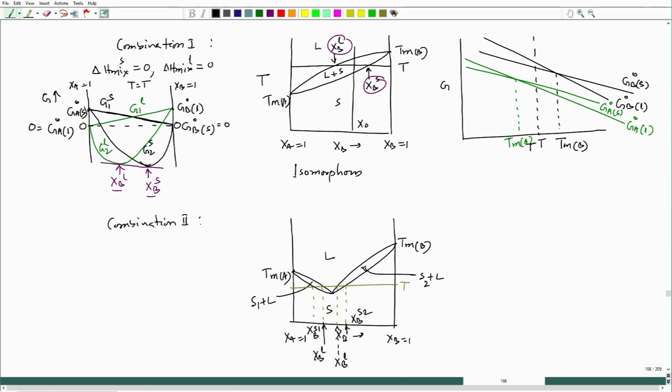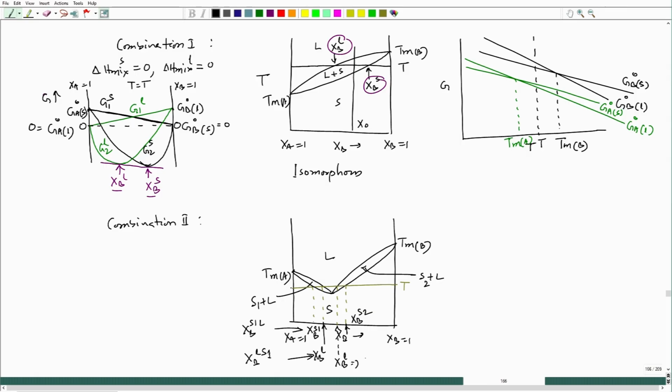XB of S2. In fact, sometimes in many books you will see that the first composition, what we are writing, after that we can write, for example, this one can be written as XB of liquid in equilibrium with S1, okay, and this one can be written as XB of solid 1 in equilibrium with liquid.